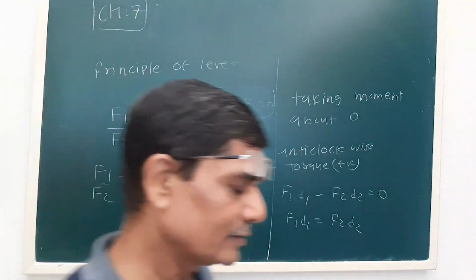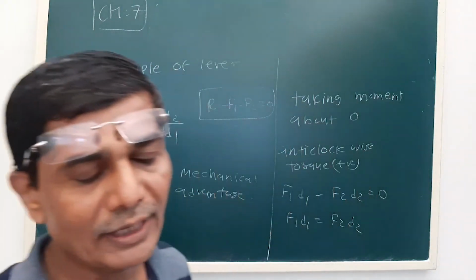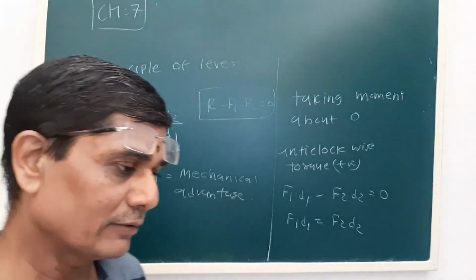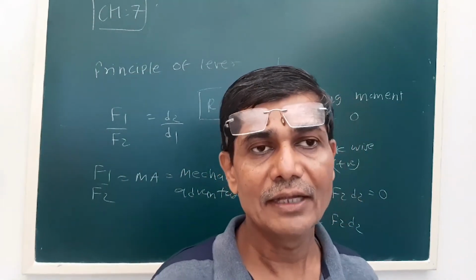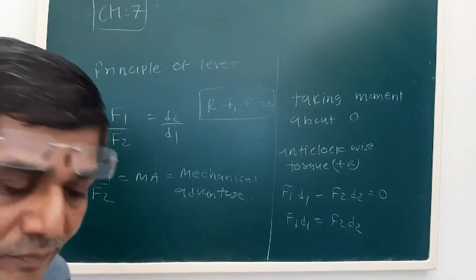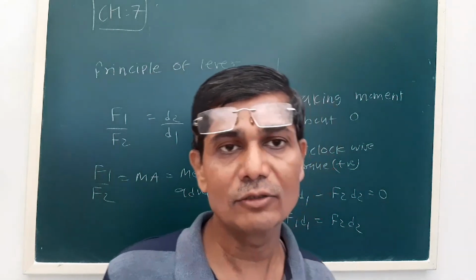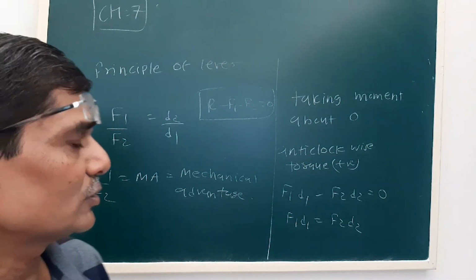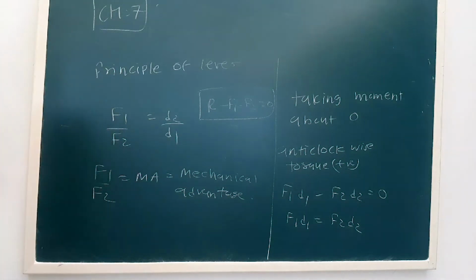Then we derived the relation torque is equal to I alpha, which is analogous to the equation F is equal to ma. Then we discussed the motion of a rigid body rolling without sliding, and derived the equation of velocity of the center of mass of a rigid body at the bottom of the slope. We talked about the law of conservation of angular momentum, and finally the principle of levers. Thank you.